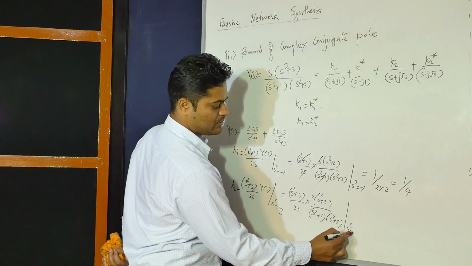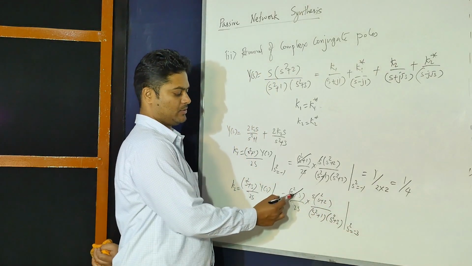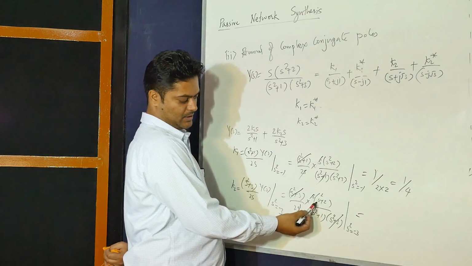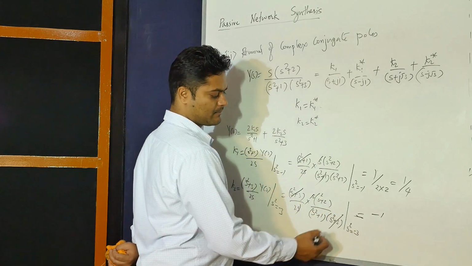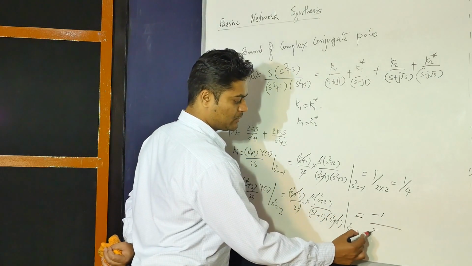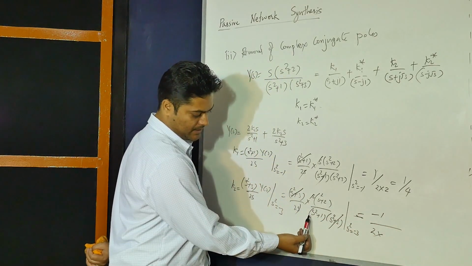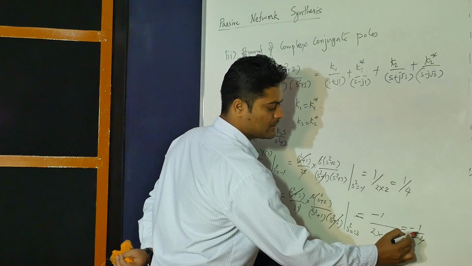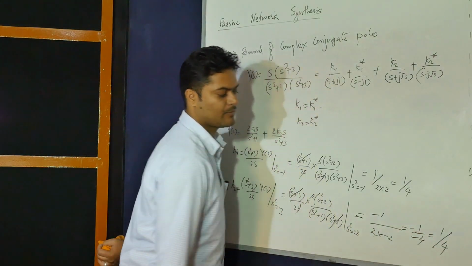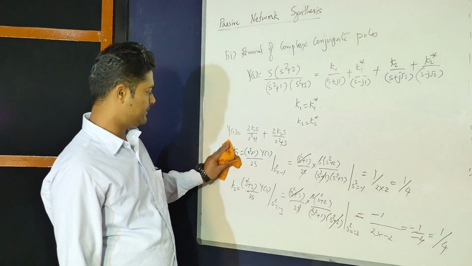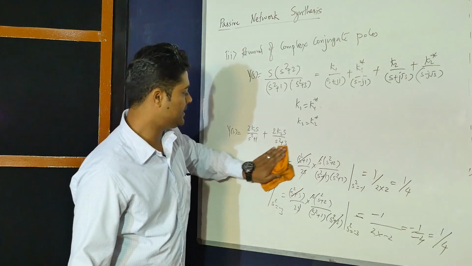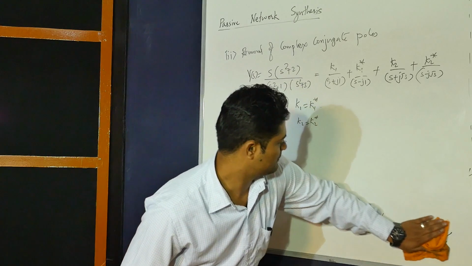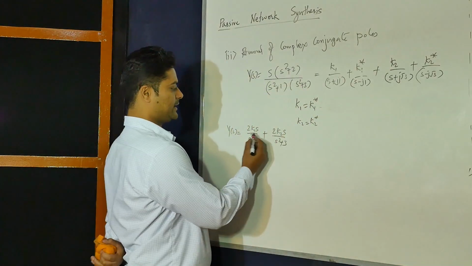When s square is equal to minus 3, the s term gets cancelled, keep minus 3 plus 2, which is minus 1, divided by 2 into minus 3 plus 1, which is minus 2. So it is minus 1 by minus 4; the minuses cancel, giving 1 by 4. So we end up with k1 and k2 both equal to 1 by 4.